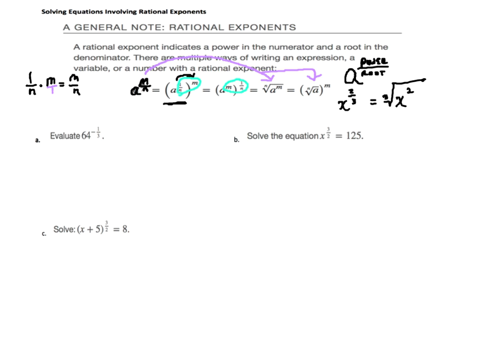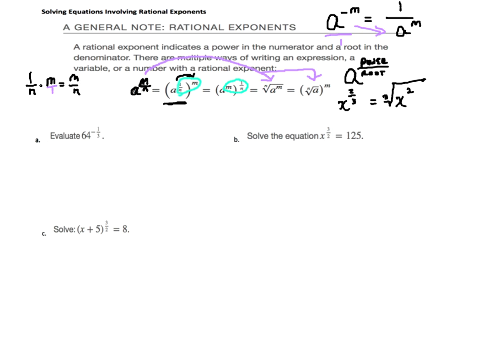Okay, so another rule that comes up on this page that is prerequisite material is anytime I'm raising a base to a negative exponent, that is as if I had moved that power or that exponent from the numerator down into the denominator, and when I do that, my exponent becomes positive.